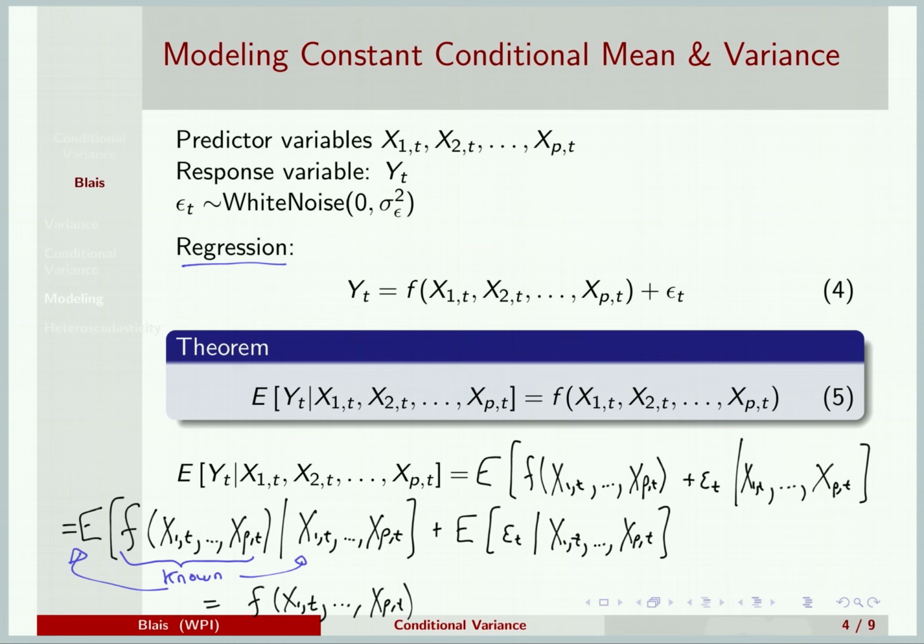So this term becomes the expectation of epsilon t, which we know is 0 because it's a mean zero white noise process. So we see that this conditional mean of y given the predictors is nothing more than f of x1 to xp.